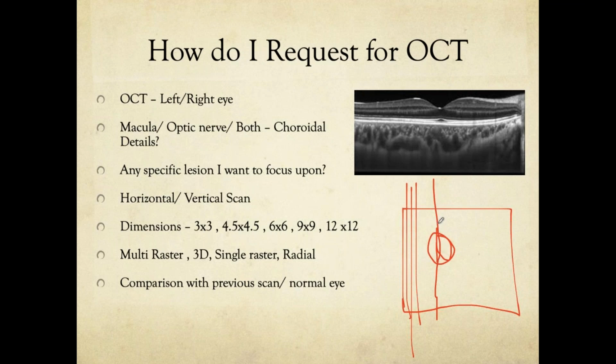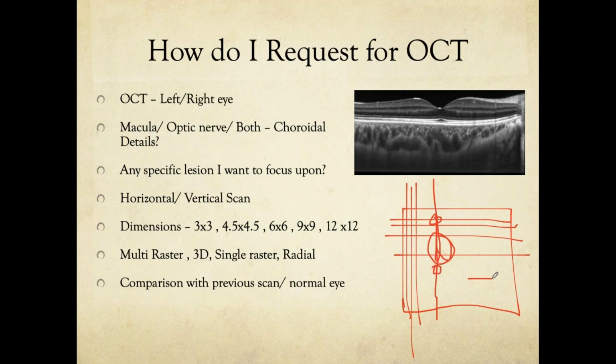If it's just one nerve fiber layer or a bundle which is just split, instead of doing this, if you combine it like that, you're covering multiple areas of the same lesion to see how the lesion over here is differing from the lesion over here.